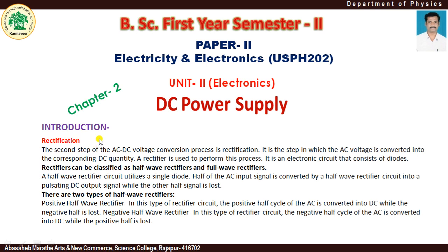Rectification is the process of converting alternating current, or alternating voltage, to direct current or direct voltage. The devices used for rectification are called rectifiers.